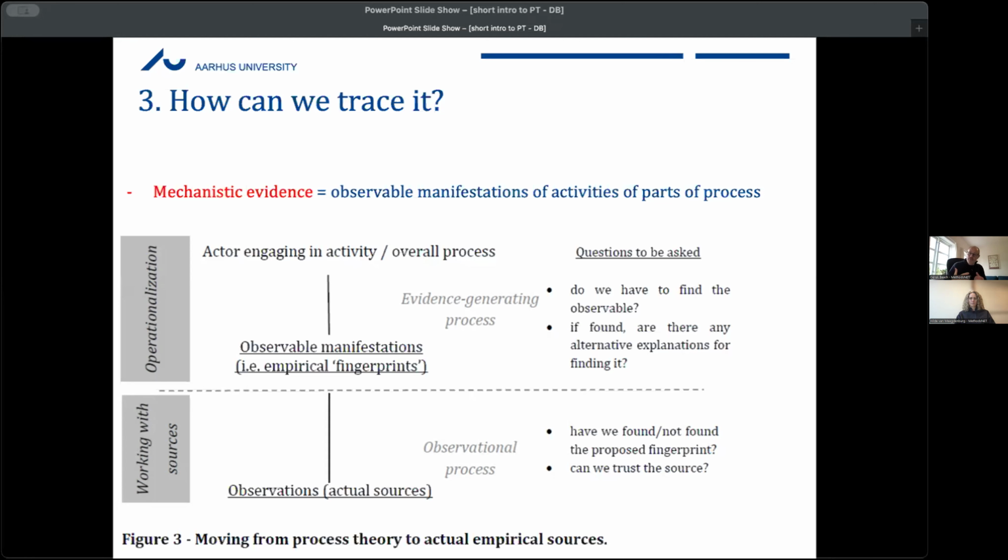And then how do we go, for example, from, well, if this actor is engaging in an activity, we would expect to find this kind of fingerprint. If we find it, there really are not a lot of alternative explanations. So in theory, that would be very strong evidence. But of course, if you can't trust the actual source, then it's not very strong evidence.